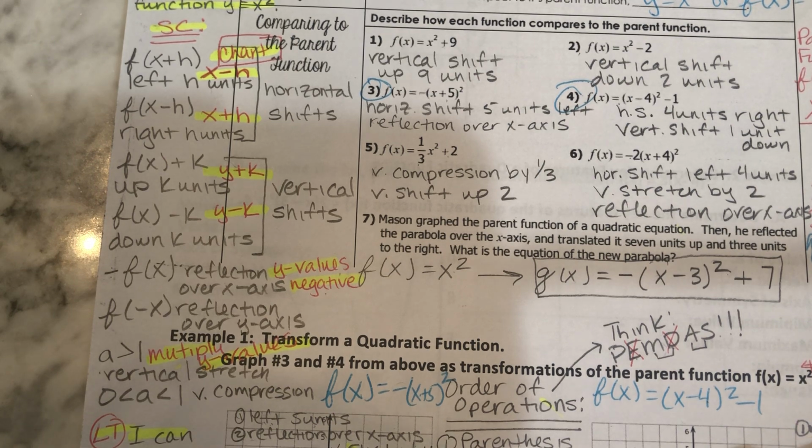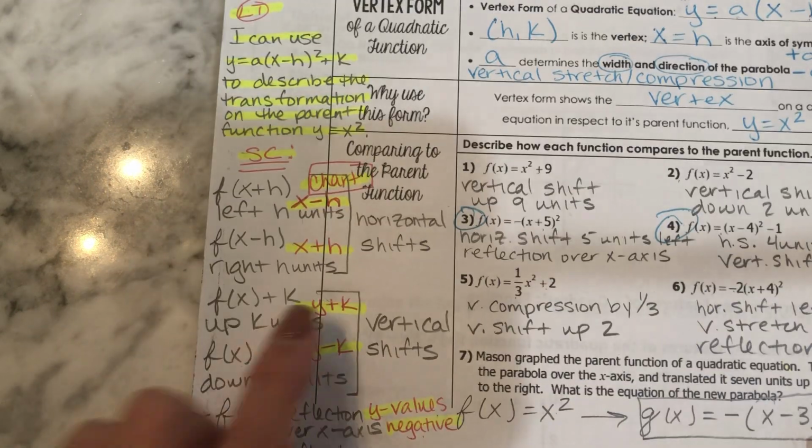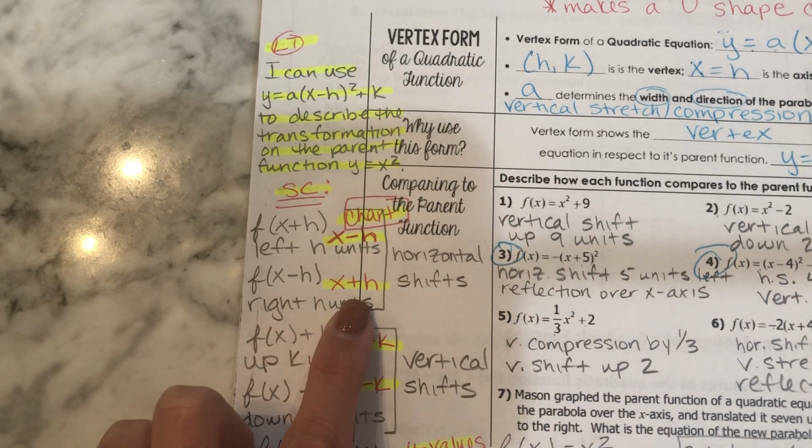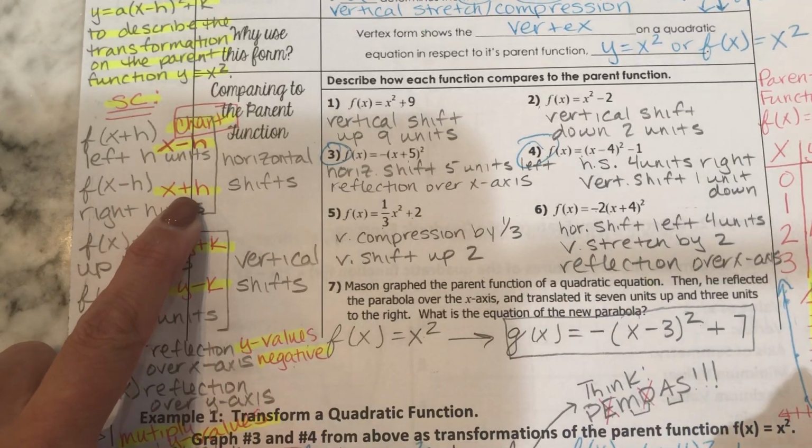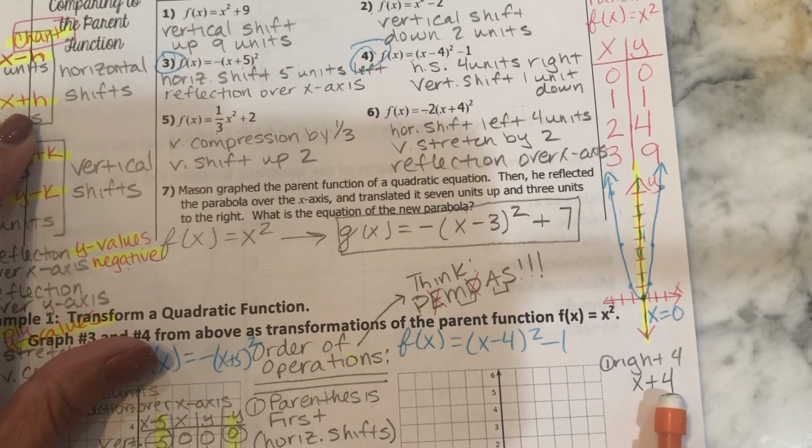Right 4, which when you're moving it to the right, we're adding to the x values, right? H units add to the x values. So this is going to be an x plus 4 in our chart.